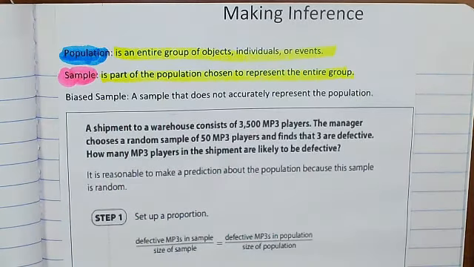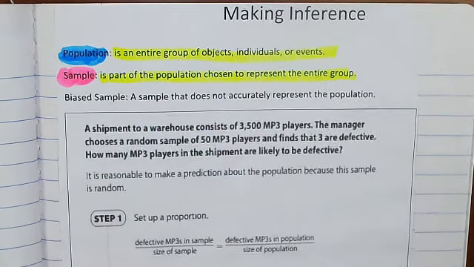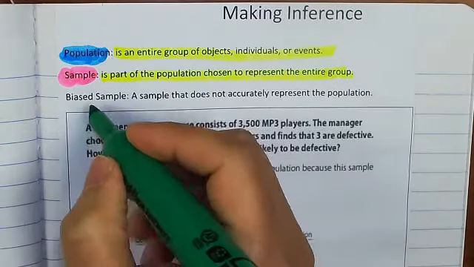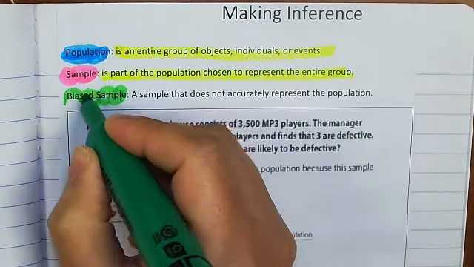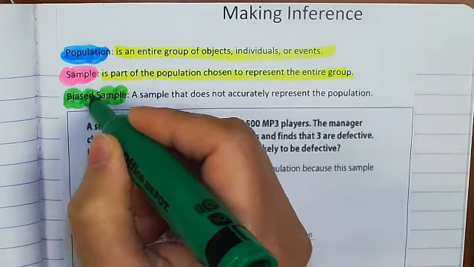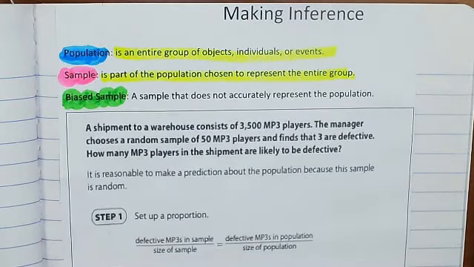Now, when I do that, I need to be careful not to choose a biased sample. What do we mean by a biased sample? Meaning, if I choose only students from seventh grade to represent Plummer Middle School, then that is a biased sample, because in Plummer we have sixth grade, seventh grade, and eighth grade.